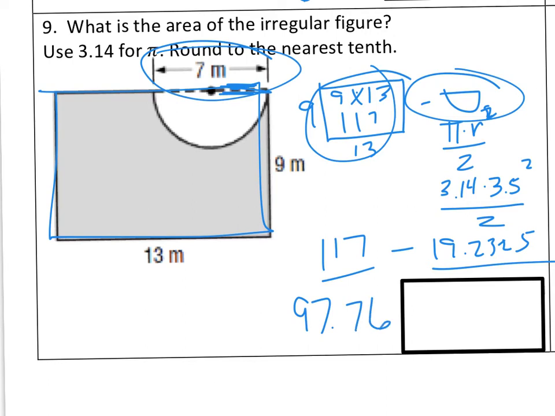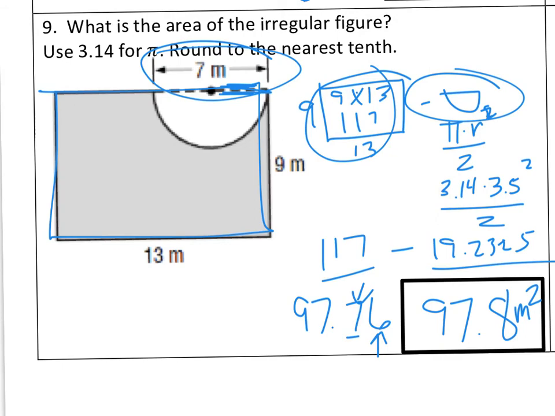But all I need to do is look at this right here to round here. So since this 6 is 5 or greater, it is greater than 5, we move this one up right here to 8. So 97.8 meters, and again we're talking area here, squared.